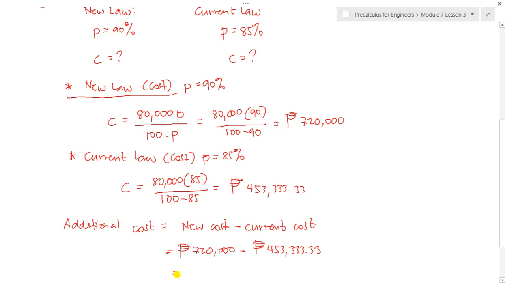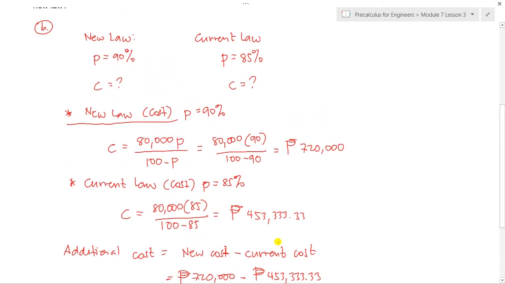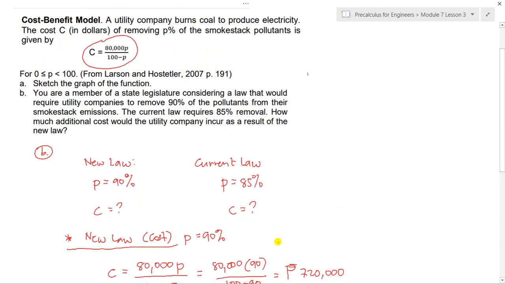So the resulting answer is 266,666.67. So mao na ang additional cost sa pagtangtang sa smokestack pollutants kung imo increase ang percentage sa balaod from 85% to 90%. So mao na siya dagdag na cost sa kumpanya.